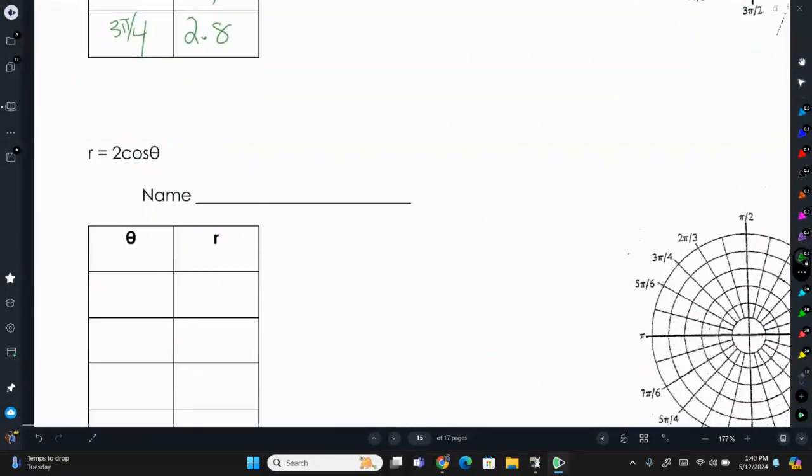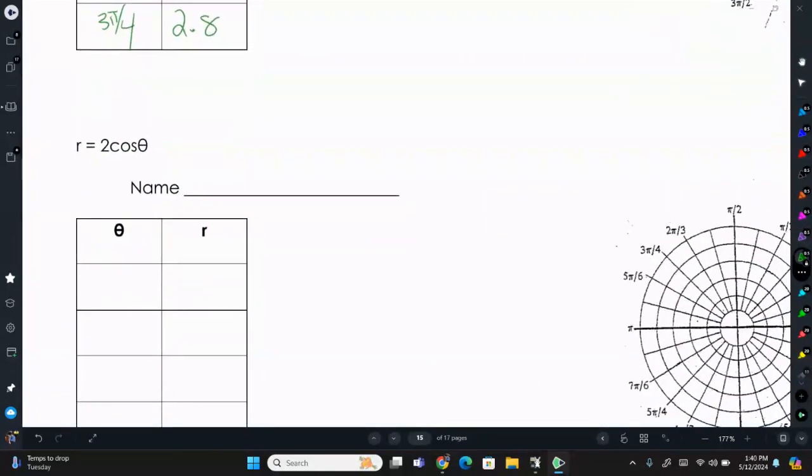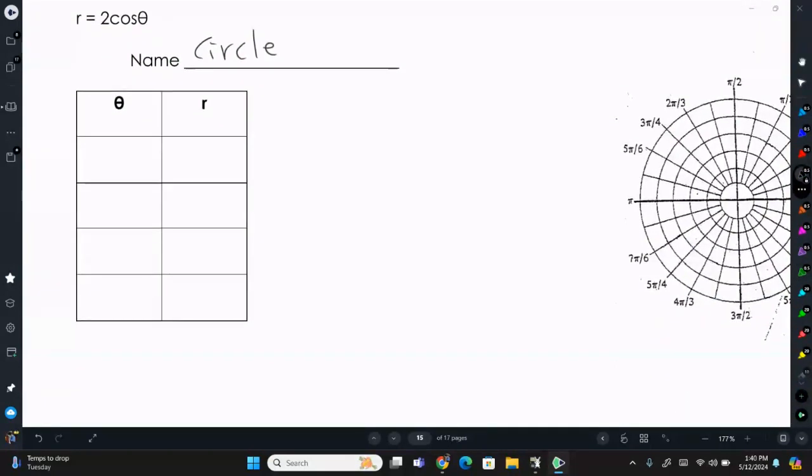Right, so then the next one, r equals 2 cosine of theta. This is still a circle. So that means our theta values, 0, pi over 4, pi over 2, and then 3 pi over 4.